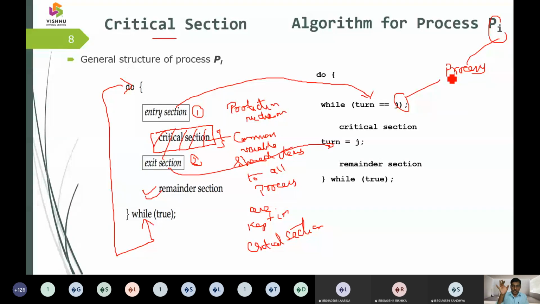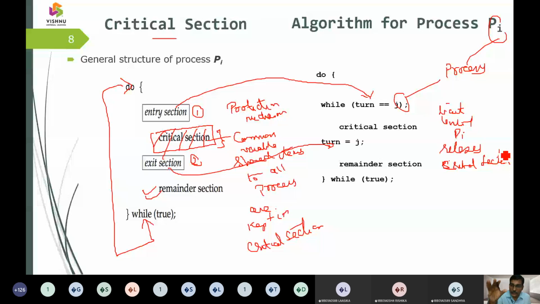Then we say you have to wait until Pi releases the critical section. So Pj is there, waiting for its next turn. When is my next turn activated? Your next turn is activated when Pi releases.